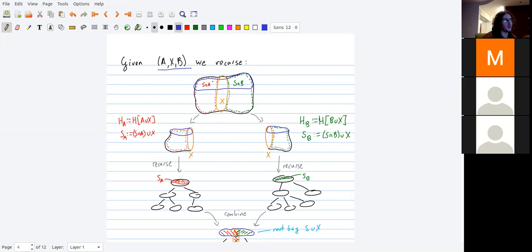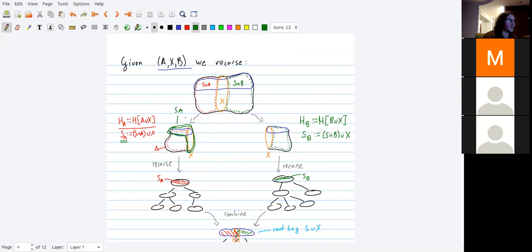The left side consists of A and X. The right side consists of B and X. More formally, on the left side, I take the graph that is induced by the left side, A and X, and I consider S intersection A together with X as my new boundary, as my new set SA, and symmetrically on the right.